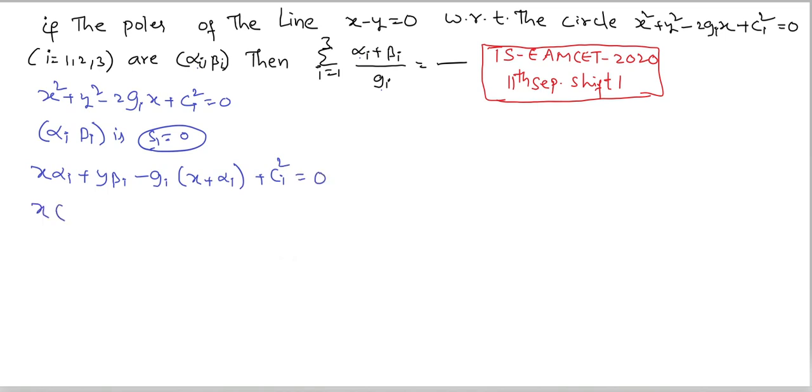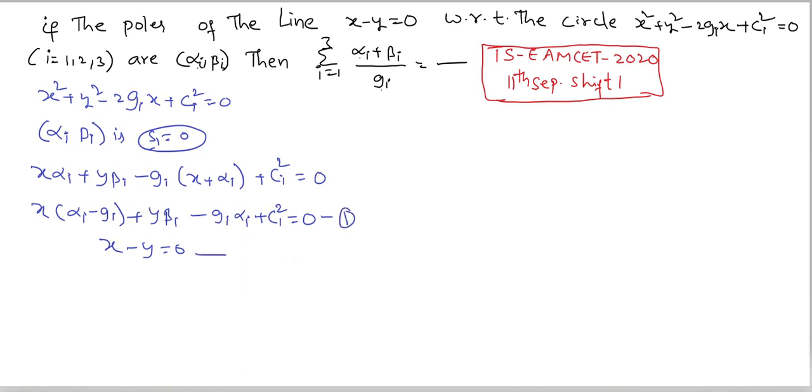Take x common, that is x(alpha i minus g) plus y beta i minus g alpha i plus c square is equal to 0. So the given polar equation is x minus y is equal to 0.